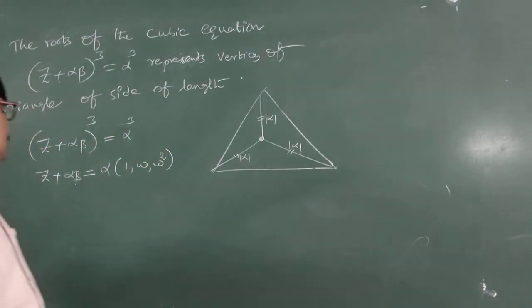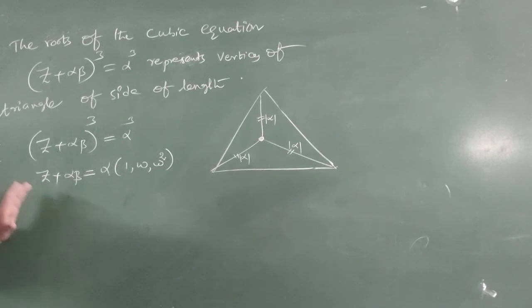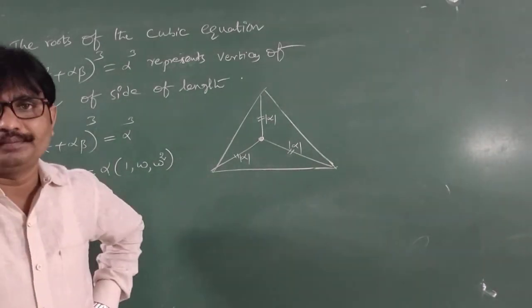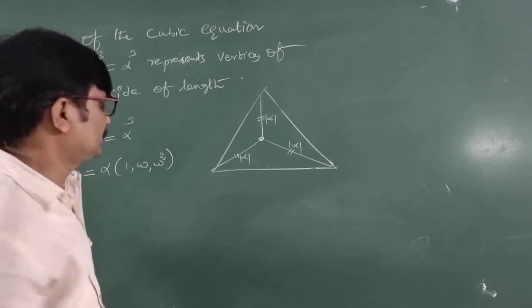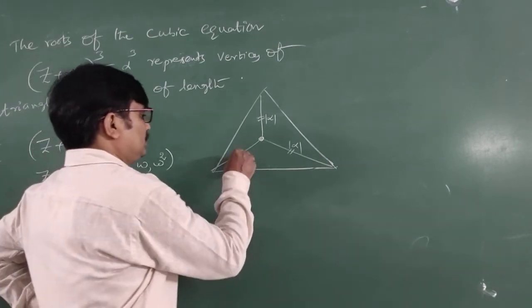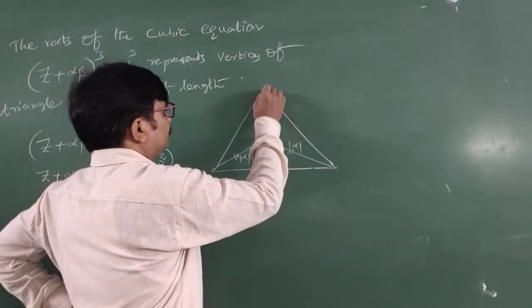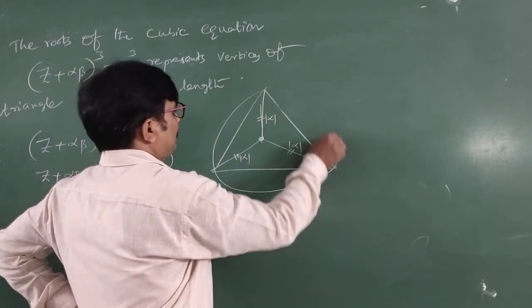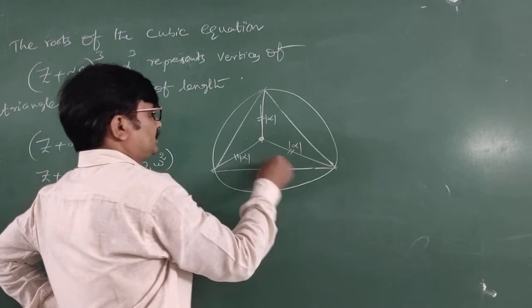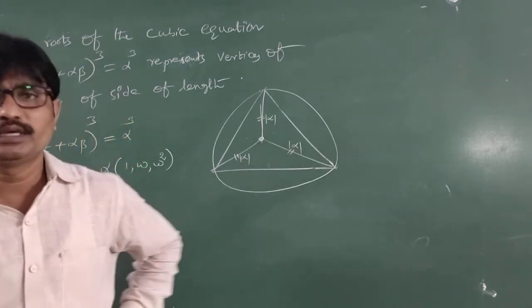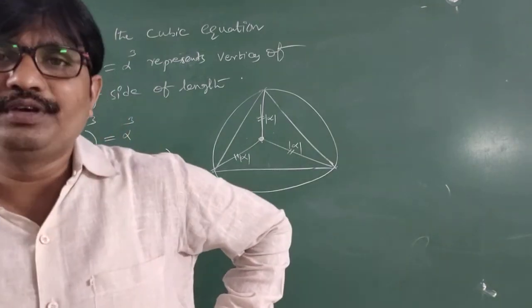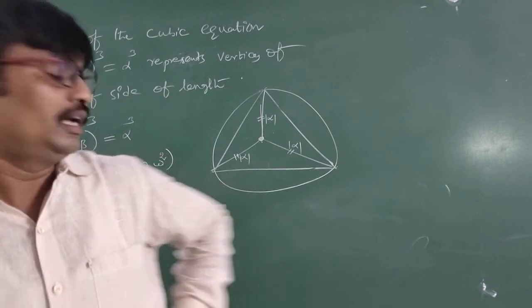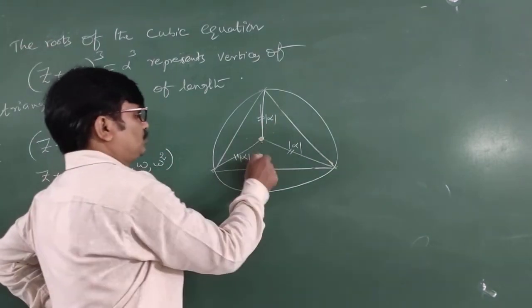The center is alpha beta comma 0, but the radius is mod alpha. When we observe here, these two sides are equal. This is the circle.